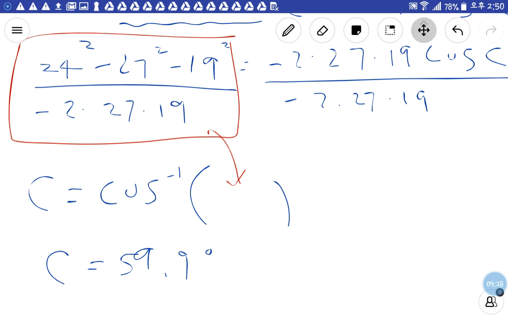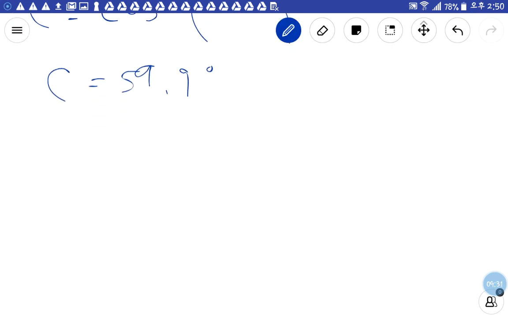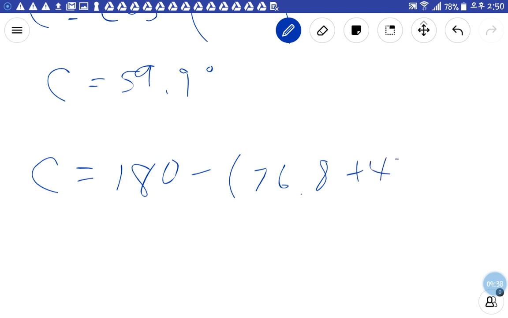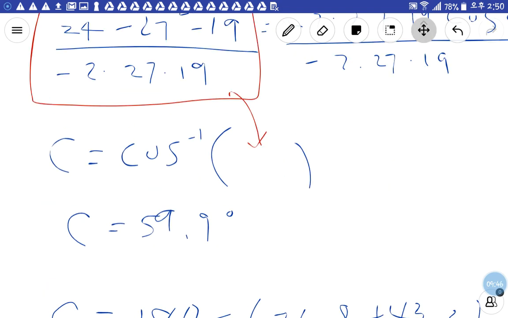It seems they got A and B first, so their angle C is 180 minus 76.8 plus 43.2, which gives 60. If you calculate directly, your answer would be 59.9, but that doesn't make sense because the sum of the triangle needs to be 180. It happens because those numbers are rounded. It's not an exact number.